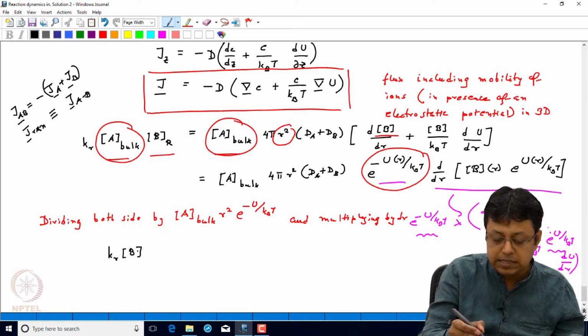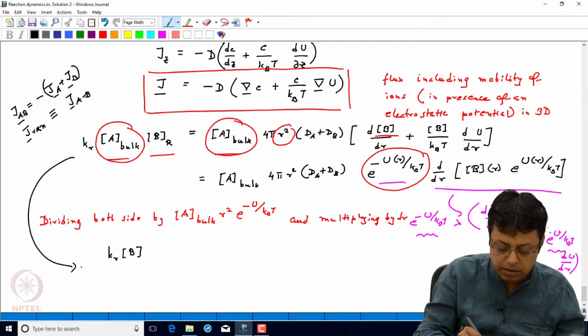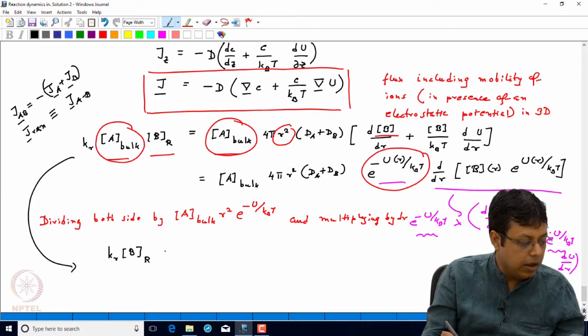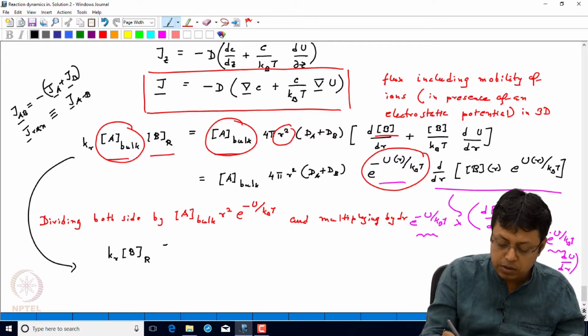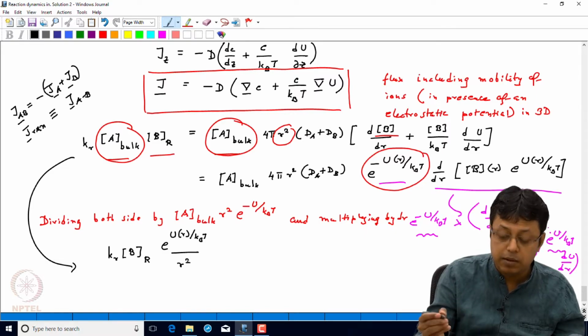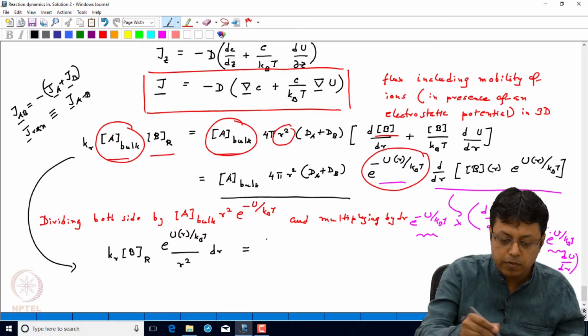A bulk will cancel, so I'll have b at r, divided by e to the power minus u by kBT, so e to the power plus u(r) by kBT, divided by r squared because I divided both sides by r squared and multiplied by dr. Follow carefully.